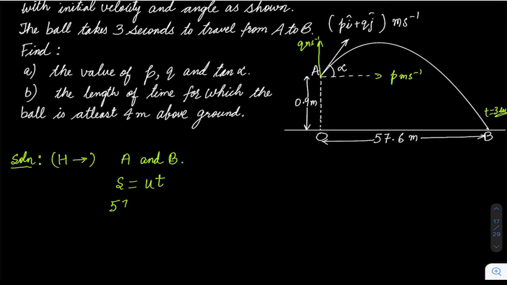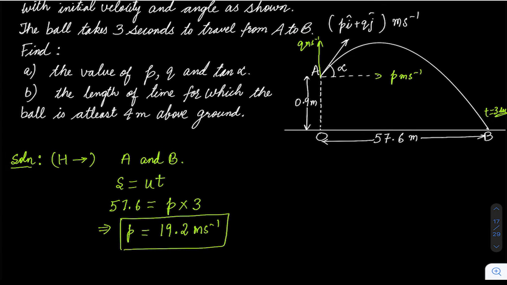What is my S? S here is 57.6. U, that is P, horizontal velocity is P, time is 3. So from this, I am getting my P value as 19.2 meter per second.